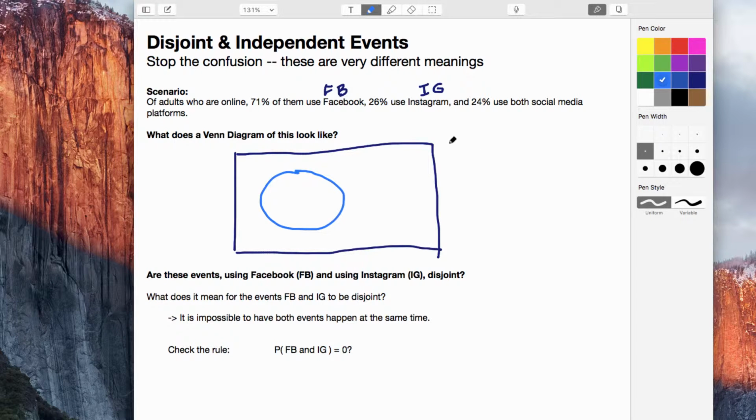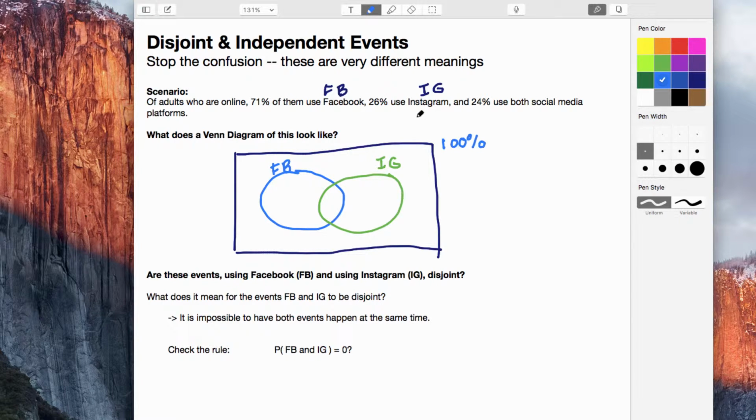If this Venn diagram represents 100% of people, then these sections here represent another percentage that are occurring for each event. I'm not drawing them to scale. I could, but I'm not going to. All right, here's our second event. The second event there is Instagram, and that first event was Facebook.